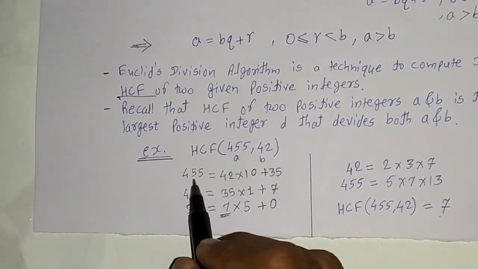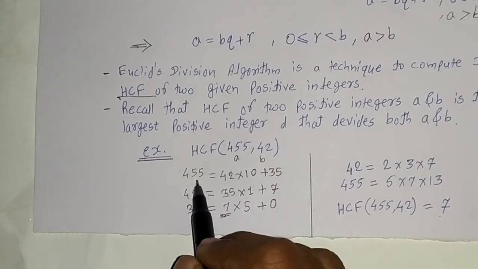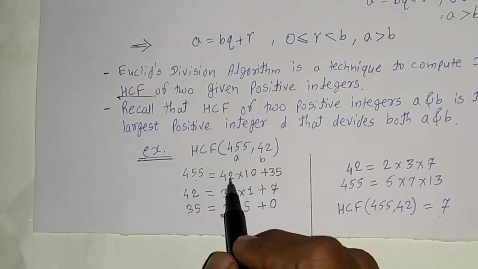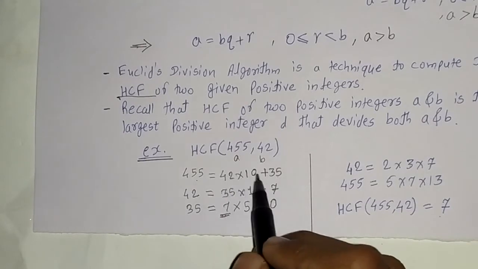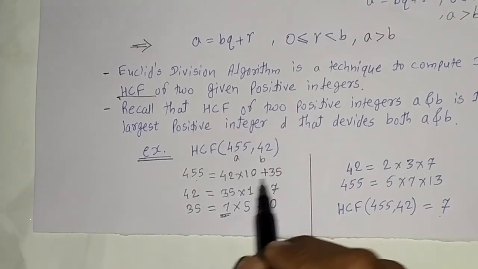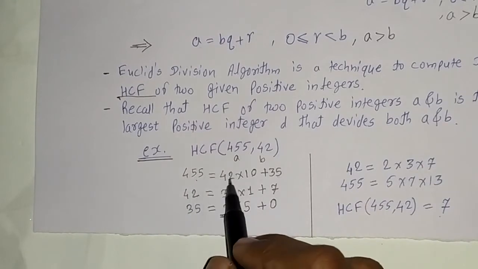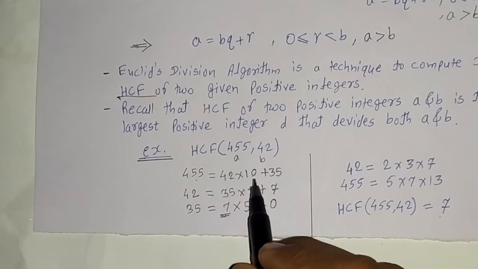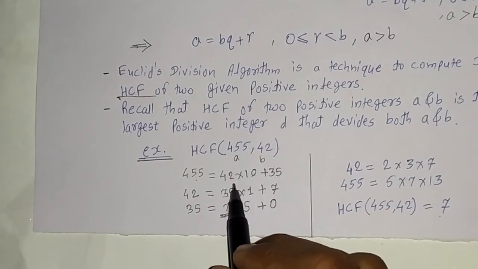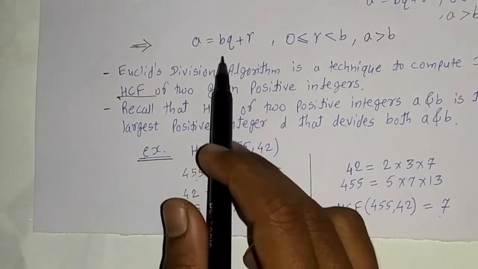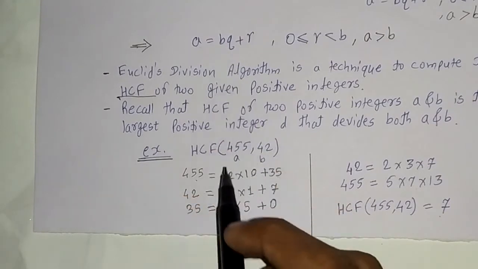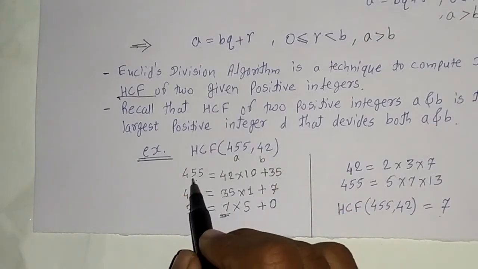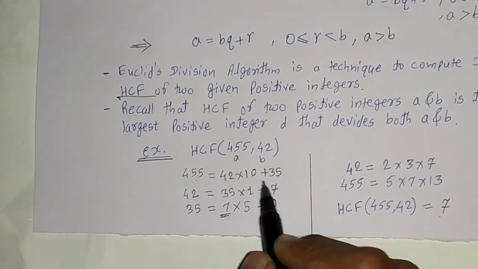So dividend will be 455, divisor will be 42, quotient will be 10, and 35 will be the remainder. Dividend equal to divisor into quotient plus remainder. This is the generalized formula which is used in Euclid's theorem as well. So 455 equal to 42 into 10 plus 35.